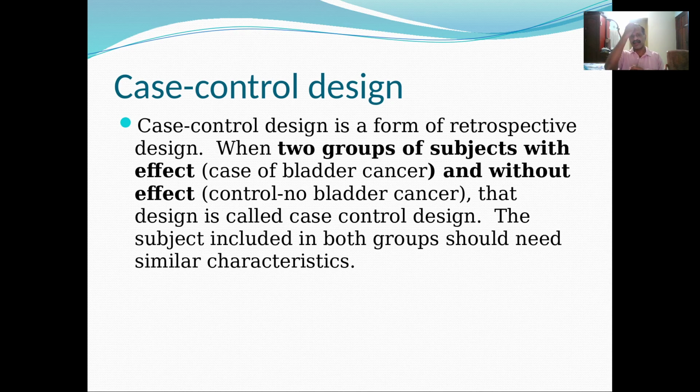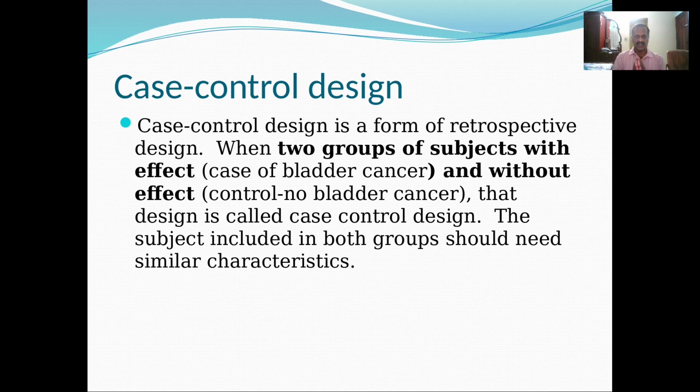The case control design is a form of retrospective design, where there are two groups of subjects, with the effect and without the effect, and we go into the past to see the cause. So this design is called a case control design.